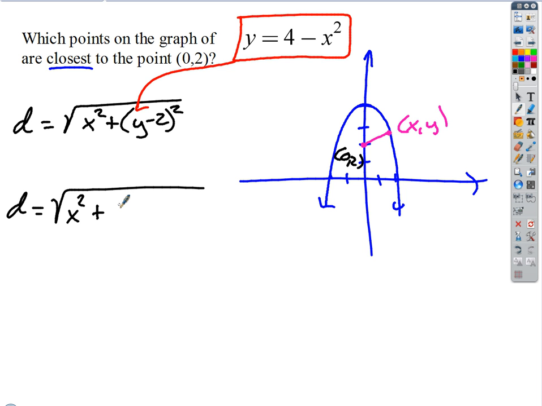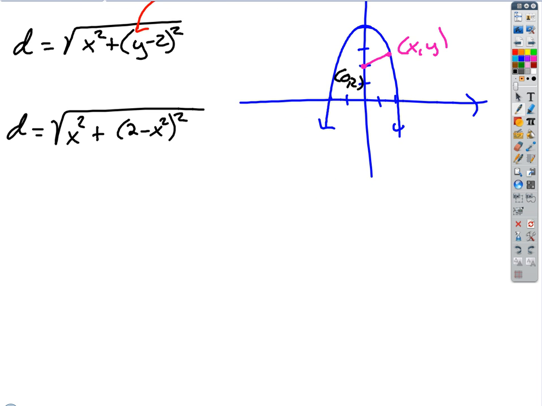Like that? Yeah. And I could simplify this whole thing, right? So what's that going to give me? 2 minus x squared, squared, is what? 4 minus 4x squared plus x to the fourth. Yeah.